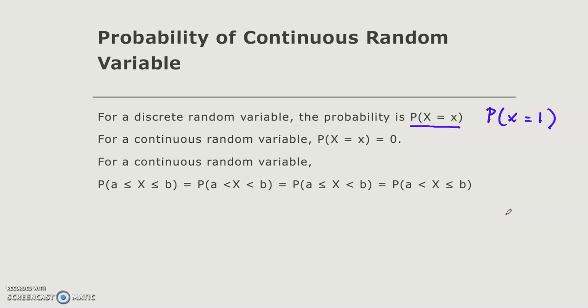Therefore, for a continuous random variable, the probability of x being between a and b, P(a ≤ X ≤ b), is just equal to P(a < X < b), P(a ≤ X < b), or P(a < X ≤ b), because the probabilities of x equal to a and x equal to b are both 0.